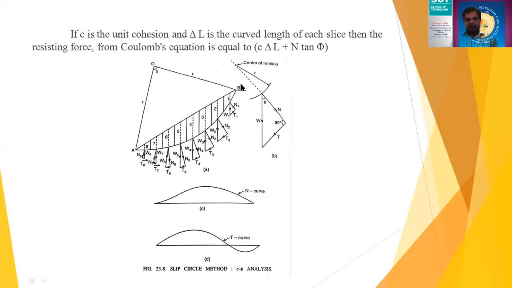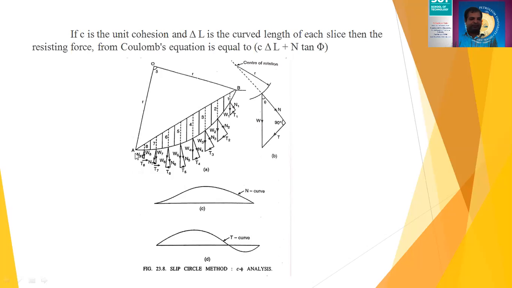Let us draw a trial slip circle with a random center O, because right now we have not fixed a method to find out exactly the location of this center. So I am assuming a random center, and this is my trial slip circle, and I am assuming that the slope is going to fail along this.